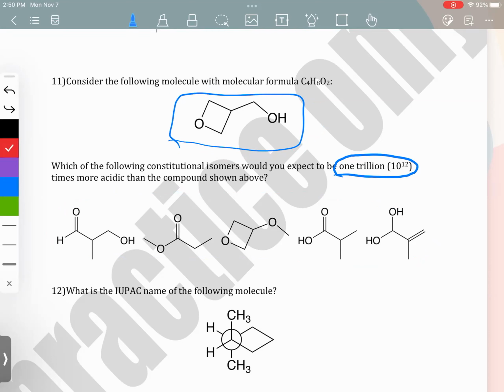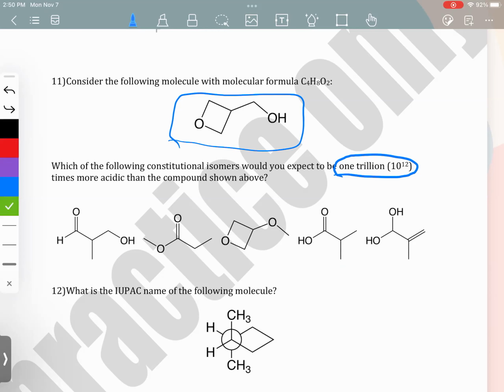So, one thing you must keep in mind when it comes to finding the most acidic compound is strong acids will always make very stable conjugate bases, which are also weak bases. So when an acid gives up its proton, the conjugate base is very stabilized.